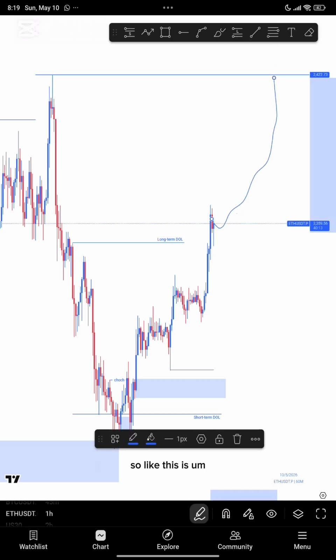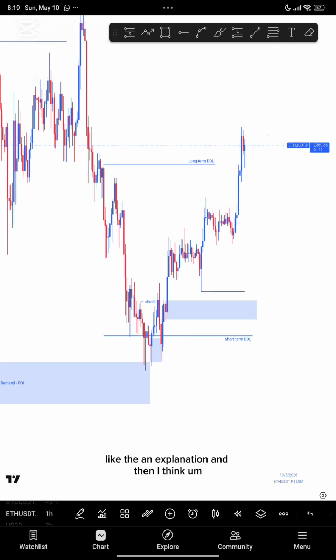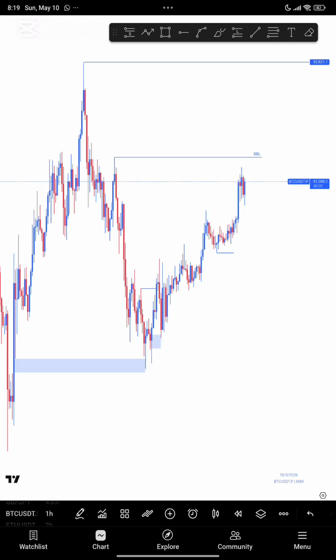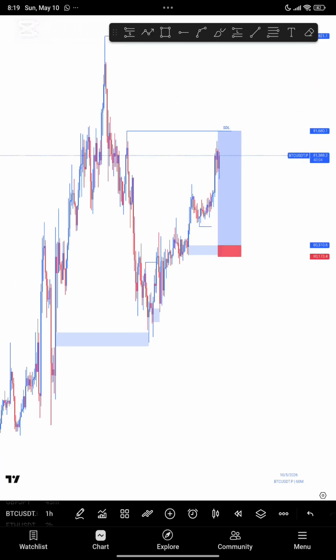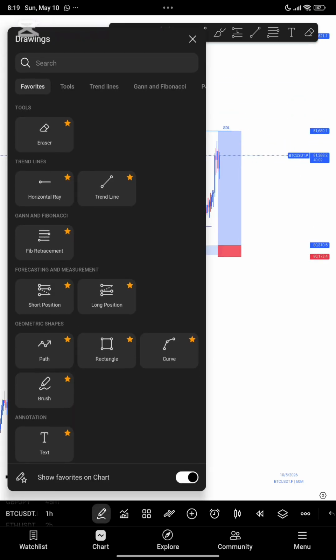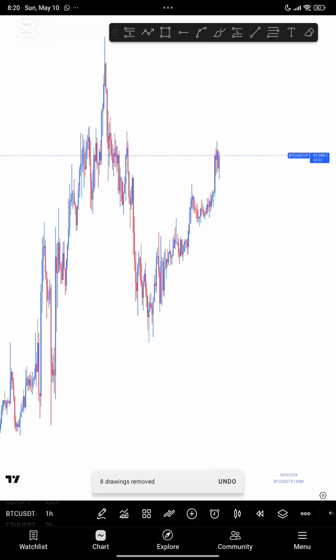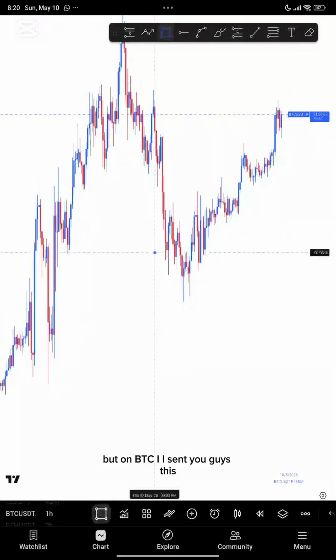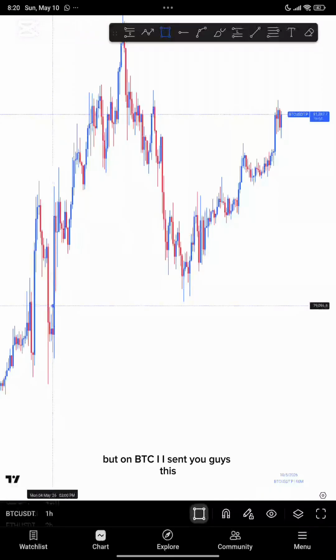So like this is an explanation. And then I think we had the same thing on BTCUSD. We have the same thing on BTCUSD, but on BTC here, I sent you guys this.